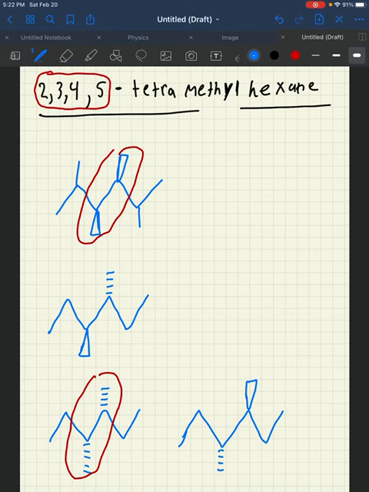Because if I go down and I look at this, if I'm looking from this carbon right here to this carbon right here, so think of it this way. You have your carbon, and you have your methyl group behind here, and then you have a hydrogen popping out at you, and you have a hydrogen straight up.